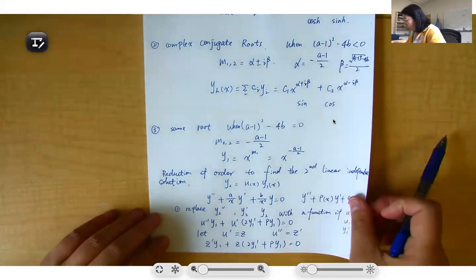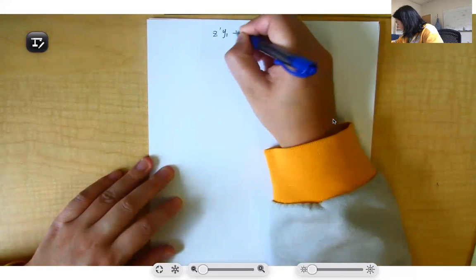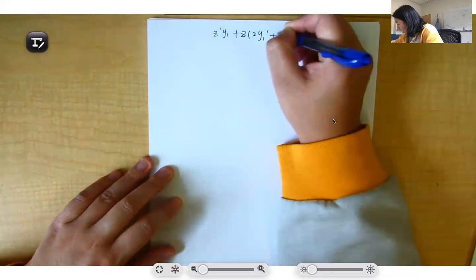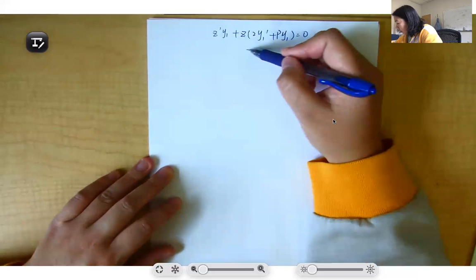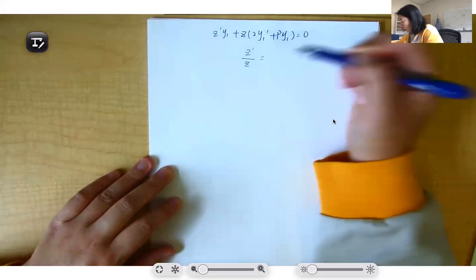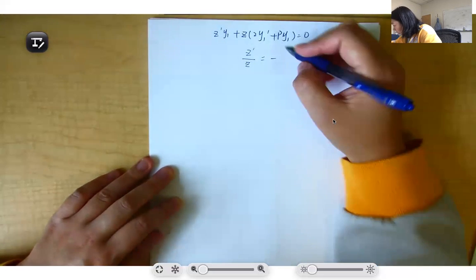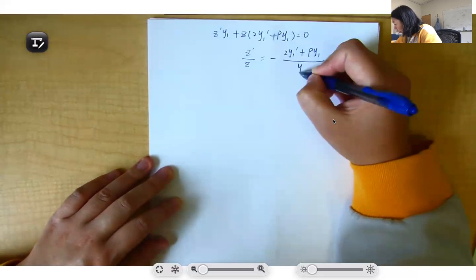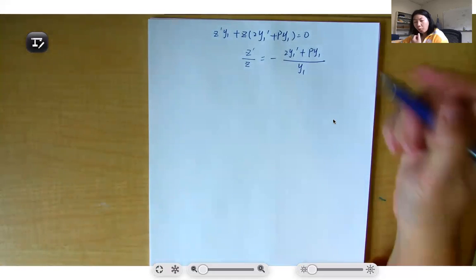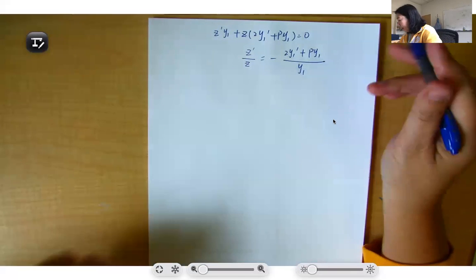Okay, so what we can do is go back to our z prime y1 plus z (2y1 prime plus p y1) equals to 0. Then you can get z prime divided by z equals minus (2y1 prime plus p y1) divided by y1. So that is a separable form, and you can just integrate both sides to get your final solution.